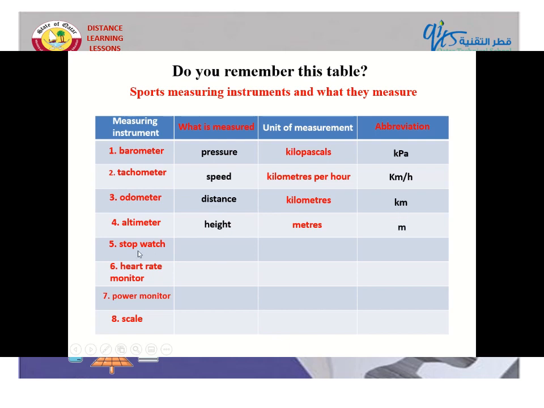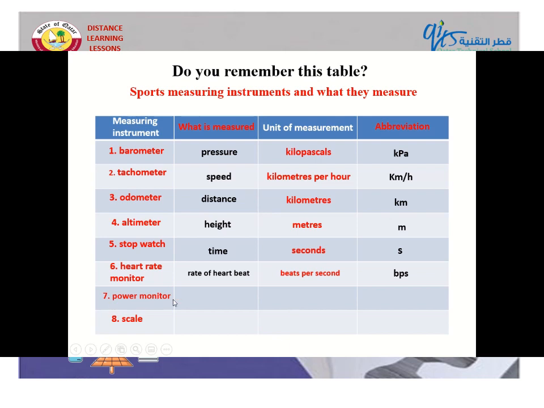Number 5, stopwatch measures time, and the unit is seconds, and the abbreviation is s. Heart rate monitor measures rate of heartbeat, and the unit of measurement is beats per second, and the abbreviation is BPS.